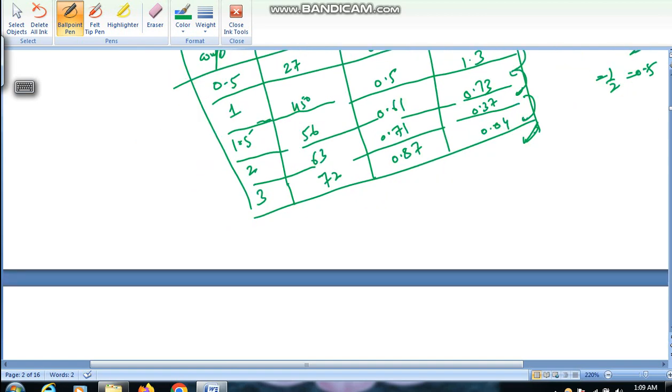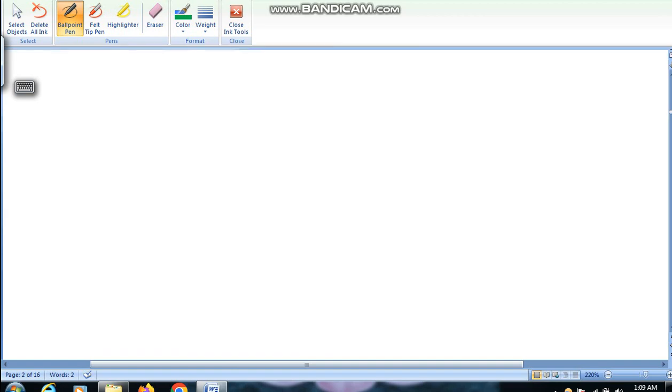Now if someone asks you, you have a two pole system, this is gm1, this is gm2, this is giving p1, this is giving you p2. Now someone asks you where to bias your second pole so that you have good phase margin.